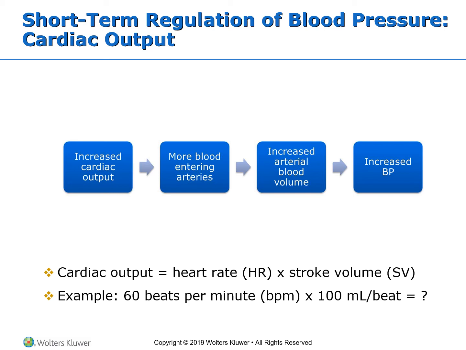And as a result of the sympathetic activity, the sympathetic nervous system will increase the heart rate and will increase the stroke volume. In addition to that, the same system will produce vasoconstriction. And the result of all three elements will increase the blood pressure.